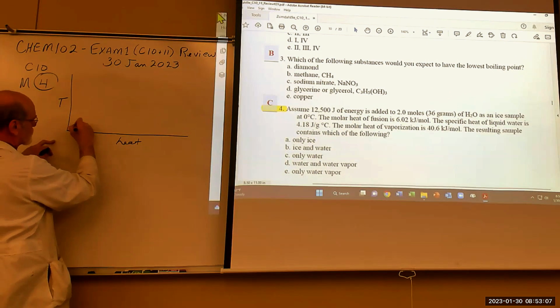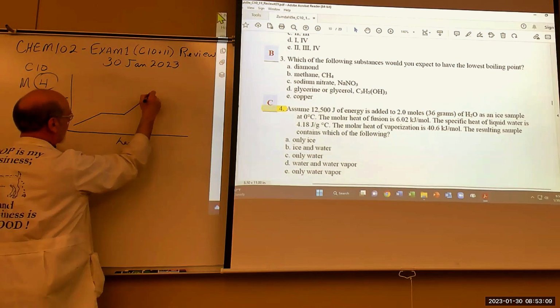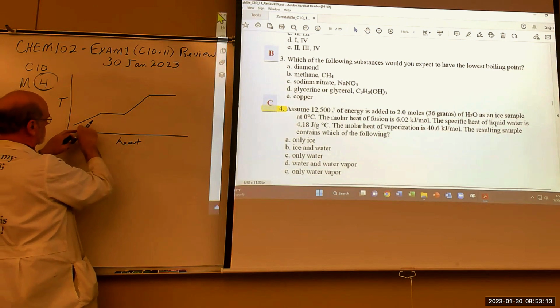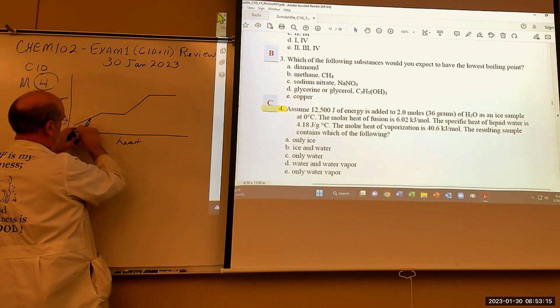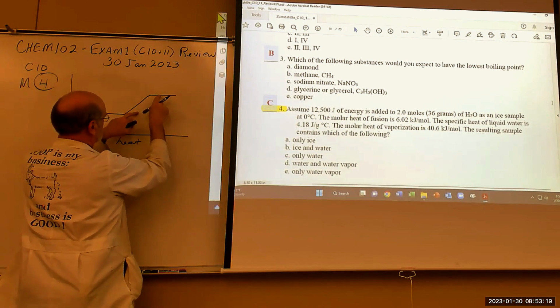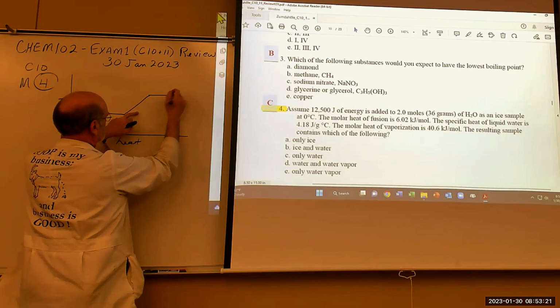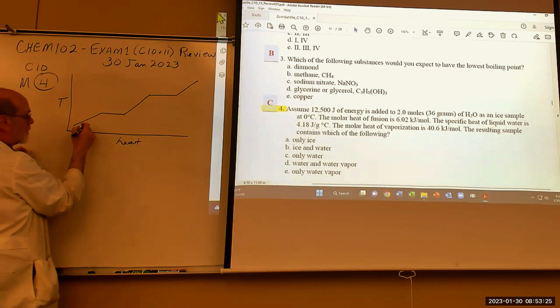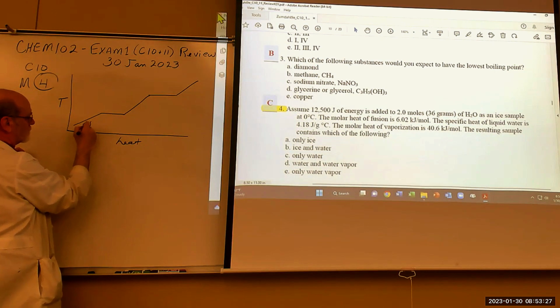It's going to go like this, and that, and that, and that. Solid, solid, liquid, liquid. Okay, so in this section, we've got nothing but solid.